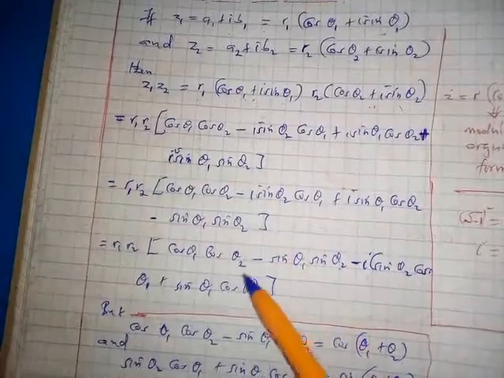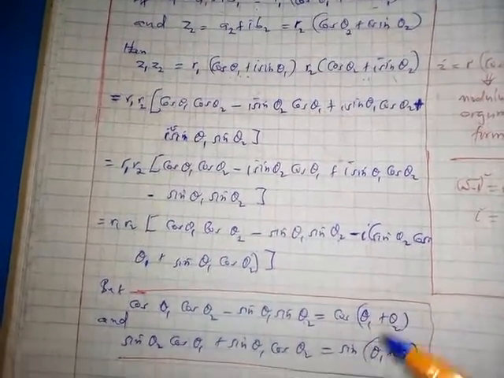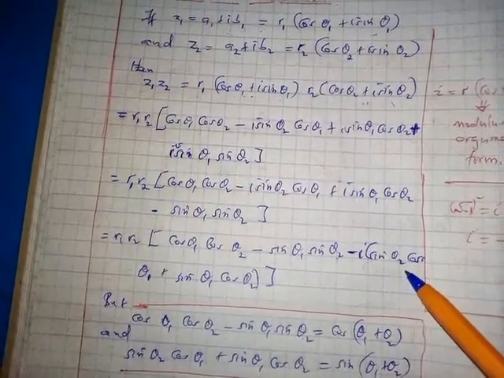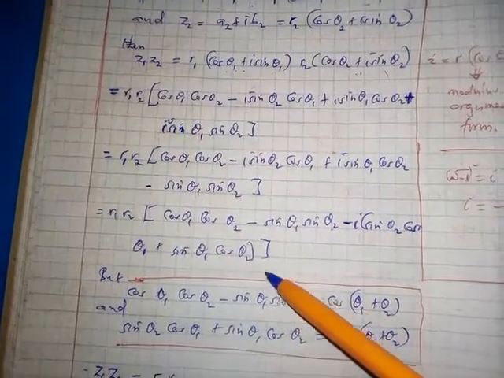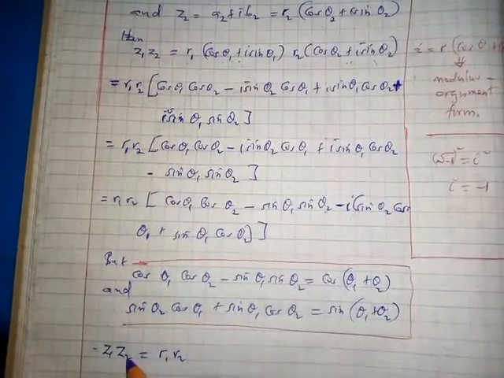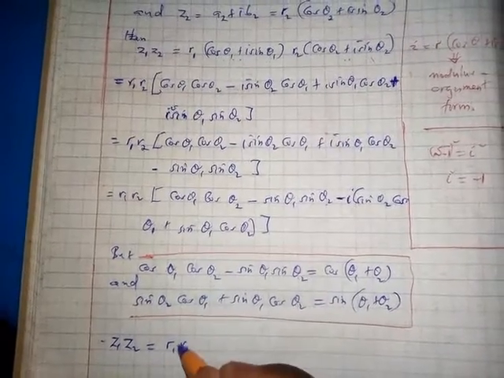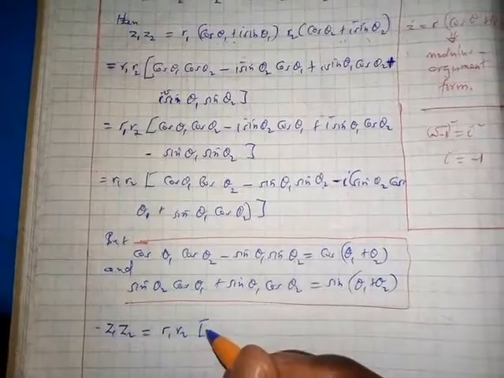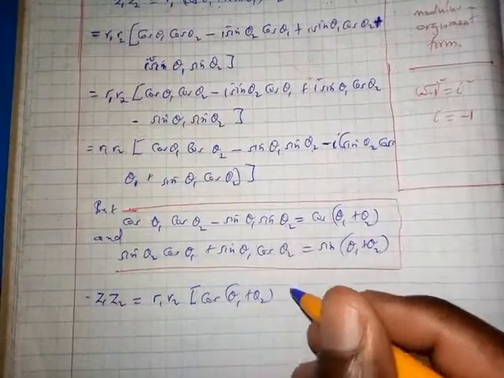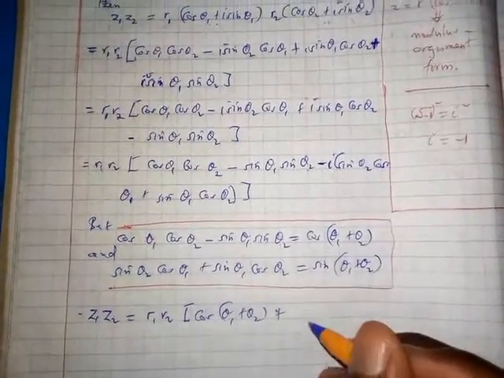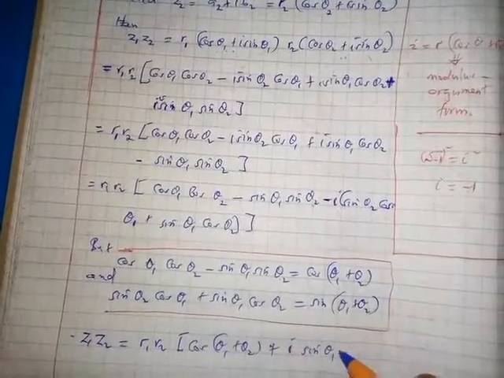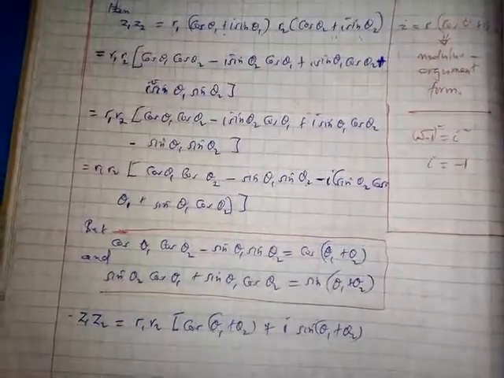So the whole of this will be represented by cos(theta 1 plus theta 2), and then the whole of sin theta 2 cos theta 1 plus sin theta 1 cos theta 2 will be represented by sin(theta 1 plus theta 2), so that we have Z1 times Z2 is equal to R1 R2 into (cos(theta 1 plus theta 2) plus i sin(theta 1 plus theta 2)). Are we there?